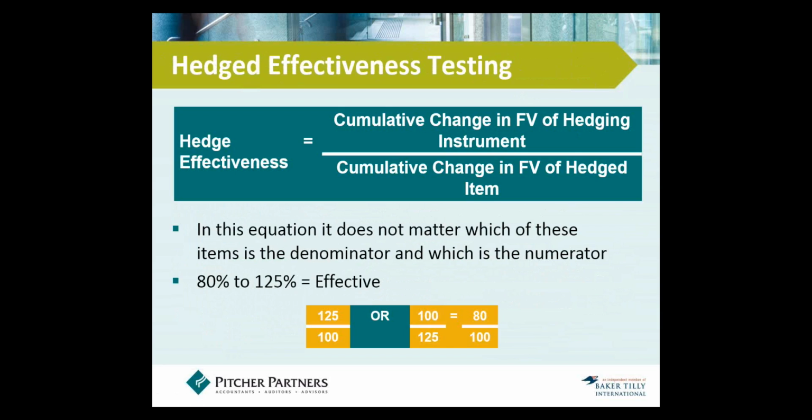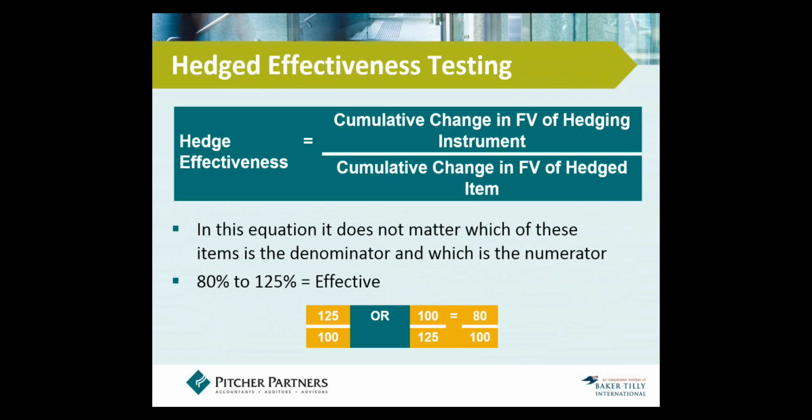And I always wondered, where did they get the percentages? So if you look at the bottom of the slide, let's say we start with 125%. So if we put 125 divided by 100, it gives me the 125%. Or if we forget our formula and we put it the other way around, it will be 100 over 125, which equals 80%. So it doesn't matter which way around you do this formula.